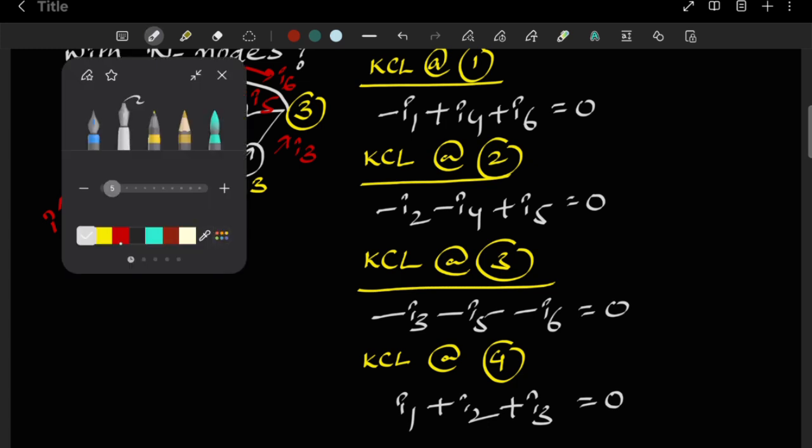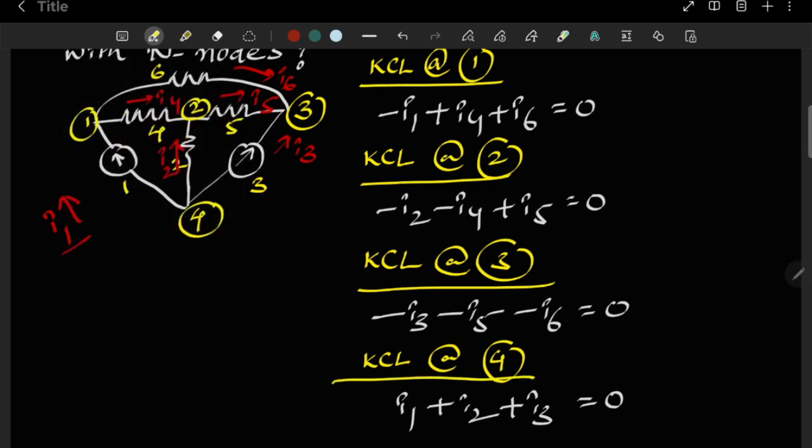Then, interestingly, I will take the addition of the first 3 KCL equations.